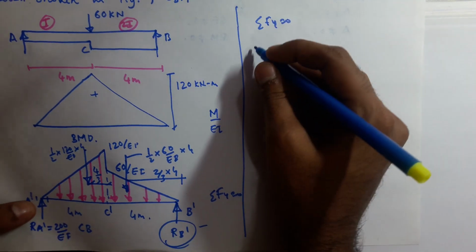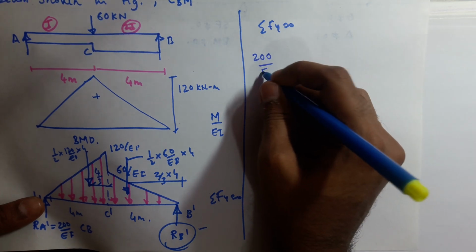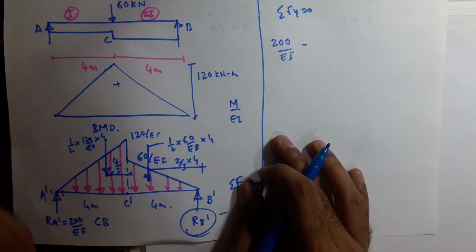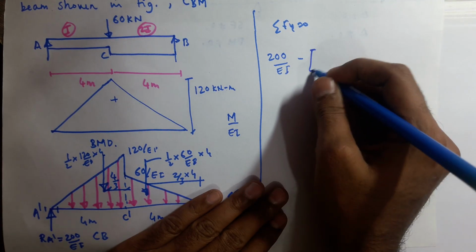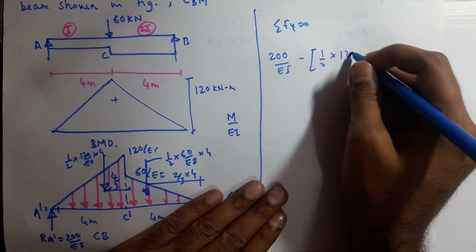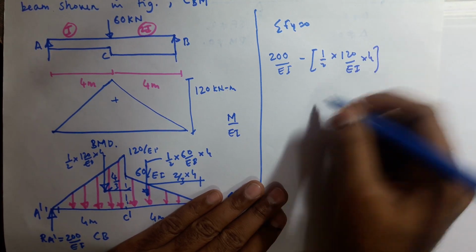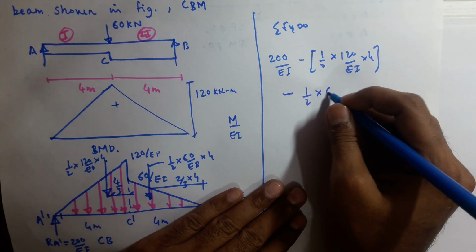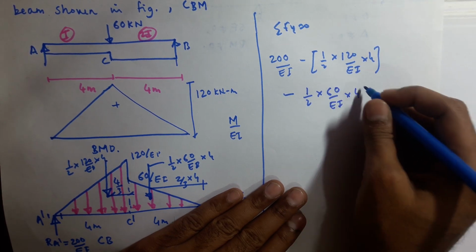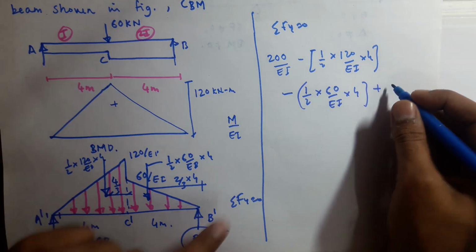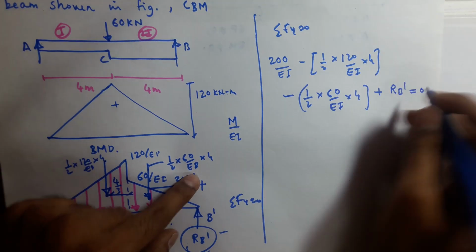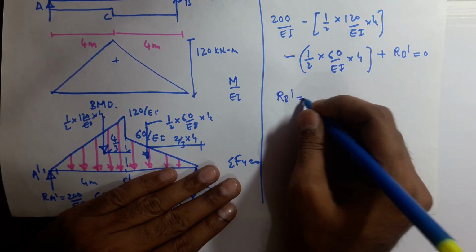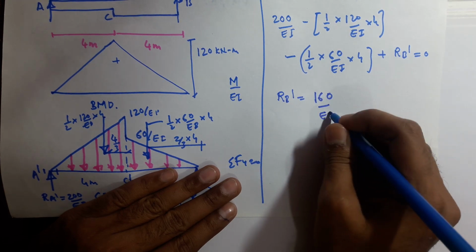RA dash is going upward, so I will take it as a positive 200 by EI. The total load of the two triangles are going downward, so I will take it as negative, minus half into 120 by EI into 4, total load of this triangle, minus total load of this triangle, half into 60 by EI into 4, plus RB dash is going upward, RB dash equals to 0. So RB dash you will be getting by solving this equation, RB dash equals to 160 by EI.